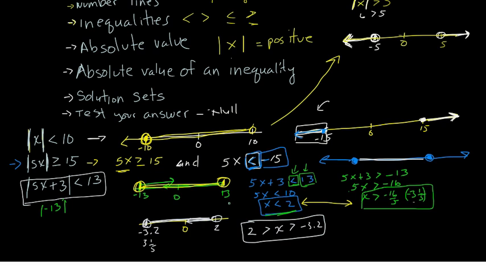Okay? Oh, I wanted to show you how to test this. So our number line keeps going out here. If we pick a number to the left, let's say negative 4, it shouldn't work.